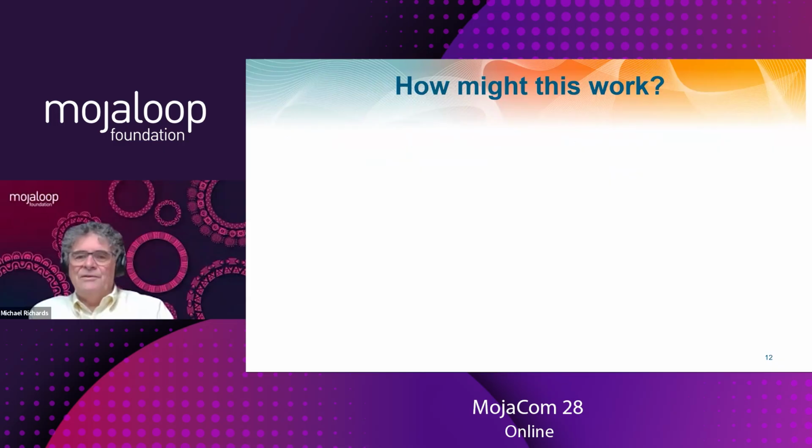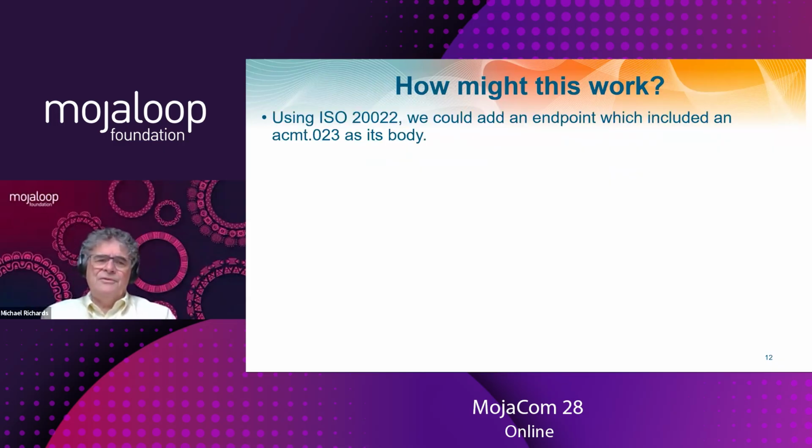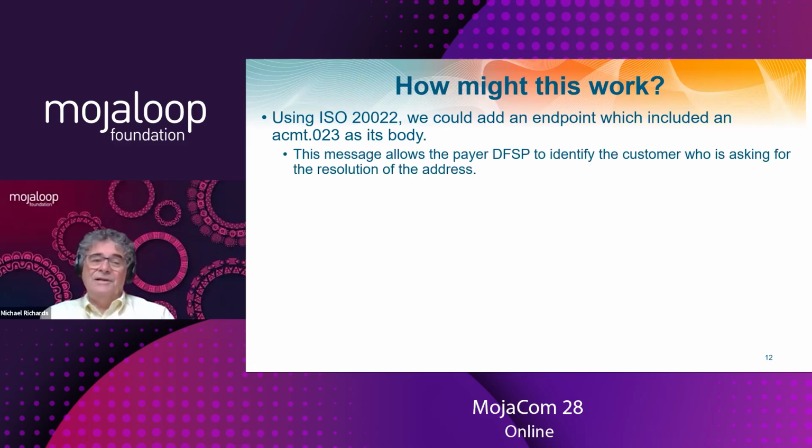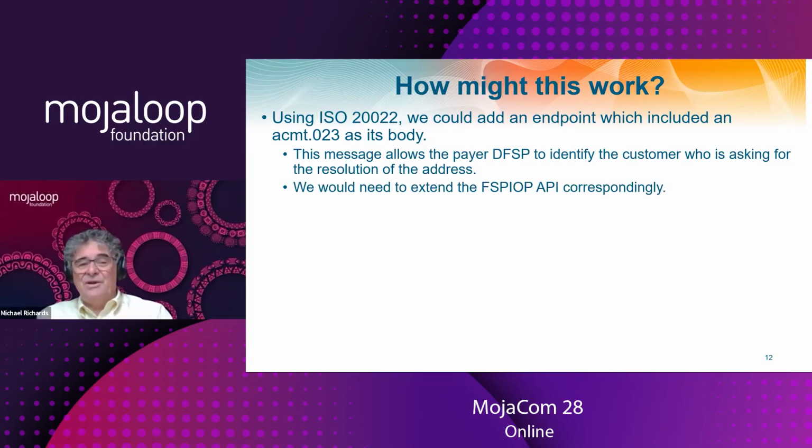Now, how might something like this work? Well, if we were using ISO 20022, we could add an endpoint which included a request for address resolution. Now, that would allow the payer DFSP to identify the customer who's asking for resolution of the address. Obviously, we would need to extend the FSPIOP API, our existing API, correspondingly.